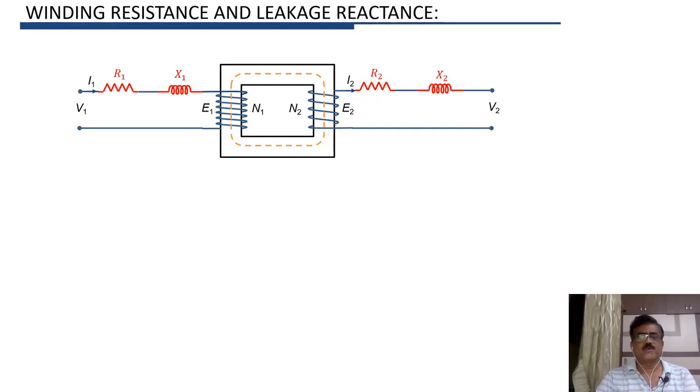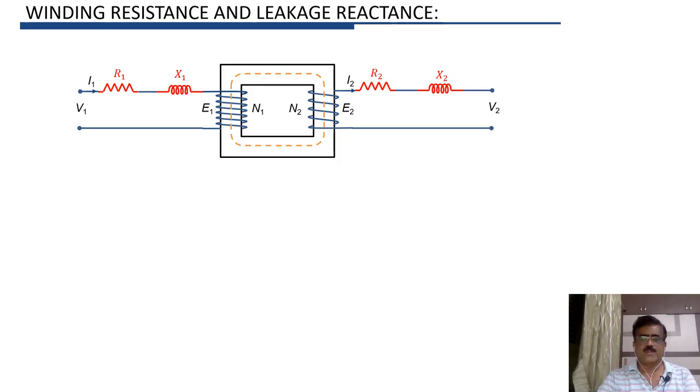In case of practical or real transformer, winding resistance and leakage reactance cannot be equal to 0, and therefore here R1 and R2 are primary and secondary winding resistances, whereas X1 and X2 are primary and secondary winding leakage reactances.